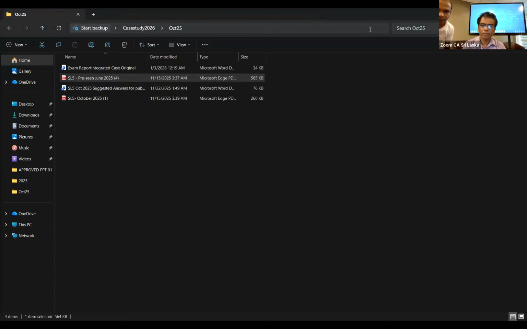Screen share. Can you see now? No, still no?